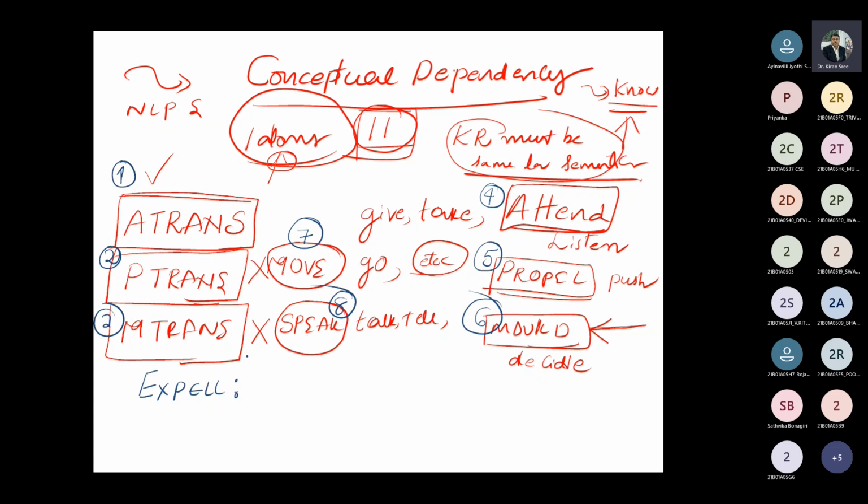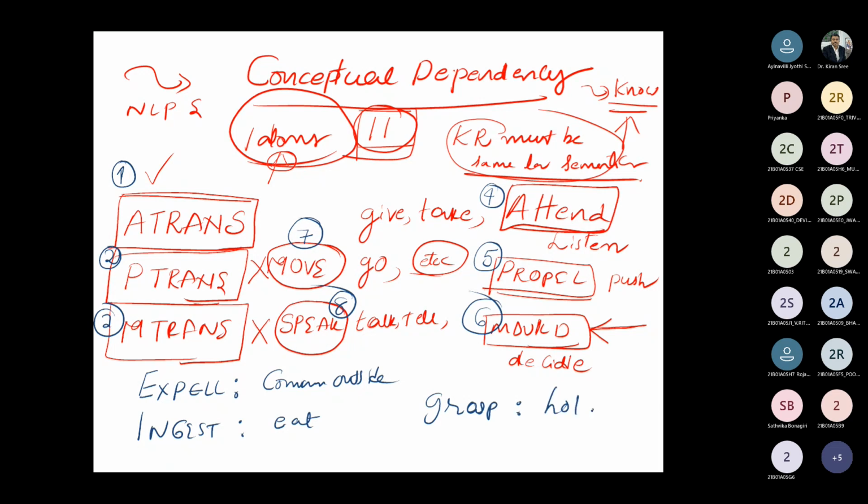So something which is coming outside, we call it an expel. And ingest is to consume something inside, eat or something. And grasp is to hold. A robot is holding a book, so at that time we use grasp.